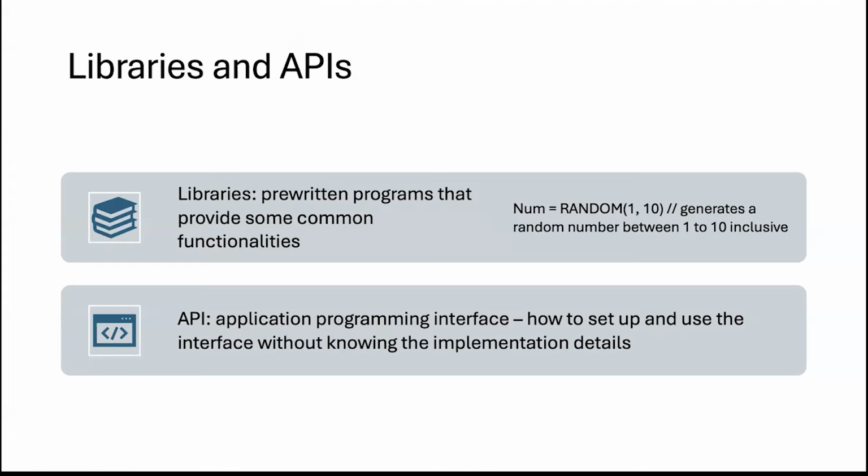A lot of the time, we just have to deal with the API, which stands for Application Programming Interface, where we know how to use a particular library through those APIs, but we don't need to know the implementation details of them. This is a nice way of hiding the implementation details while providing the functionalities to the users.